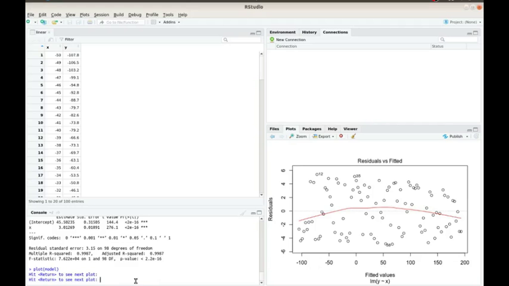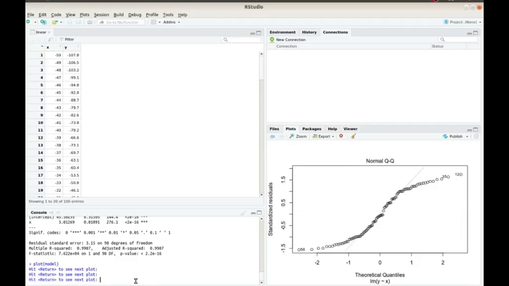If we look at the normal Q-Q, a lot more interesting data. You could see that it's showing the standardized residuals against the theoretical quantiles, as a function of x, and the relationship to x is well fitted.